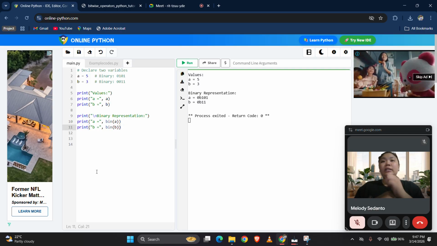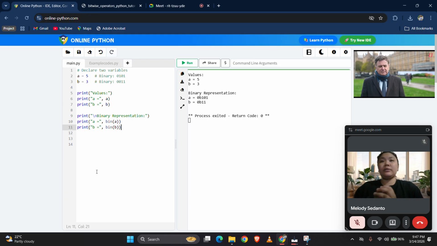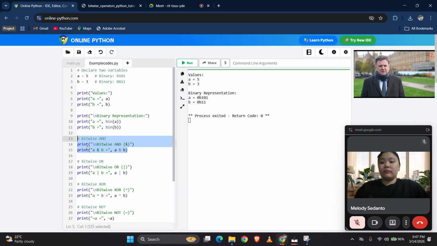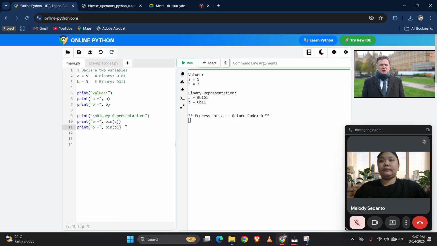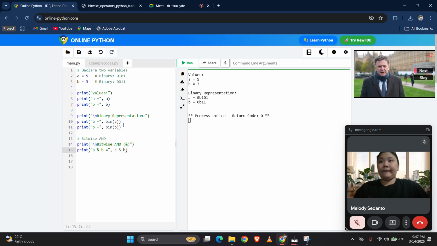The binary representation of these is 0b101 and 0b011. So if we apply the bitwise operator AND, let's run again.